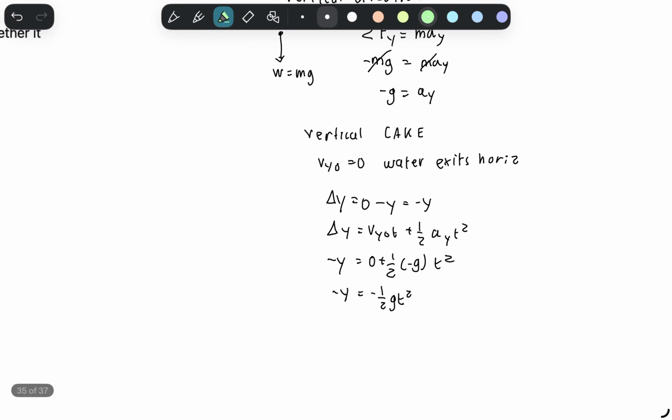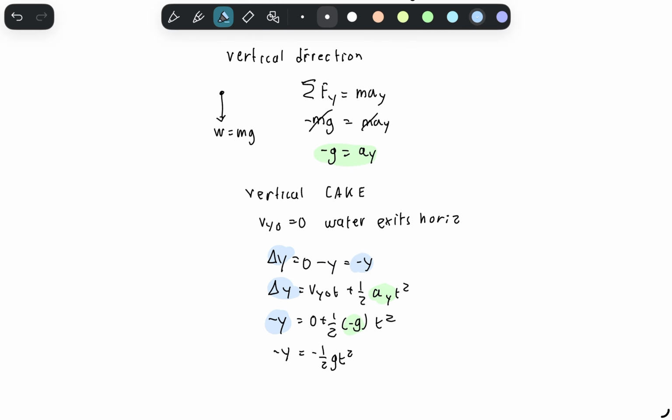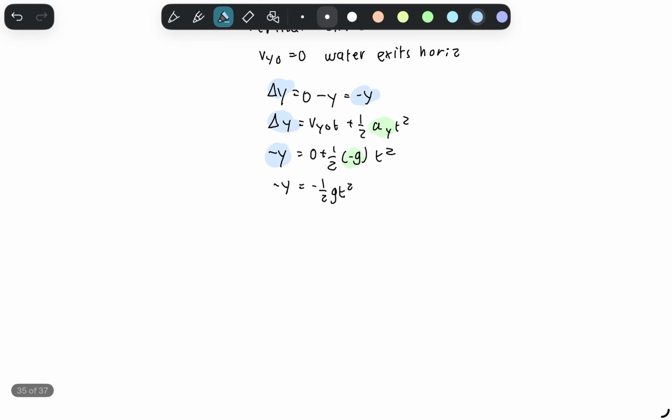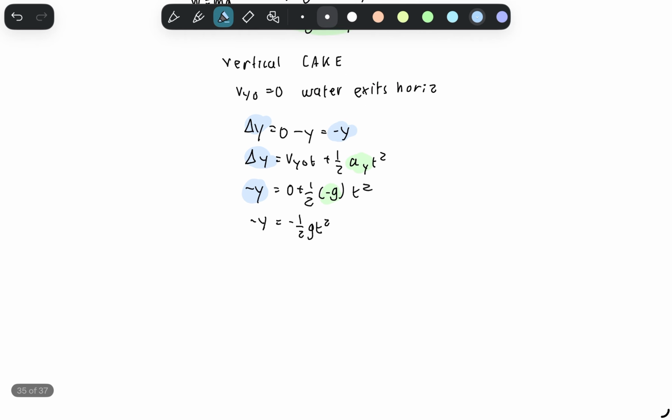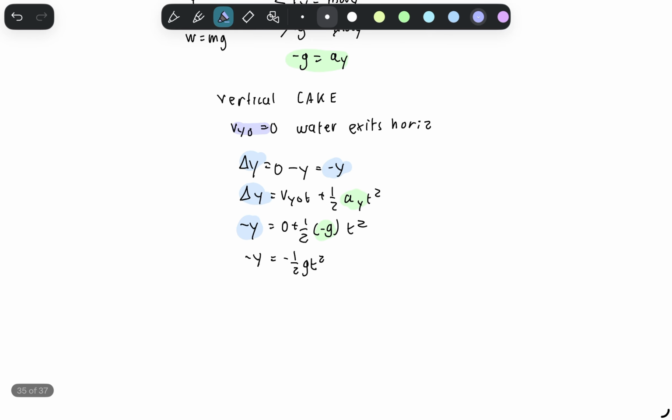Because again, we have g here for delta y. For Vy initial, we had that this was equal to 0.